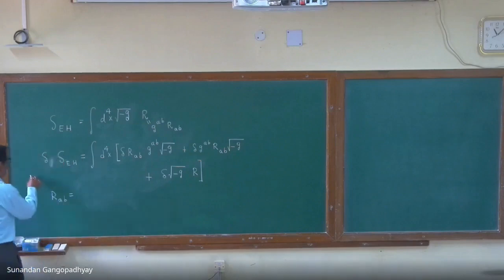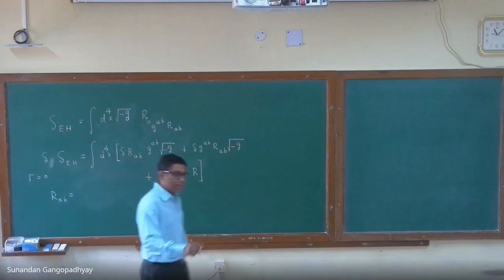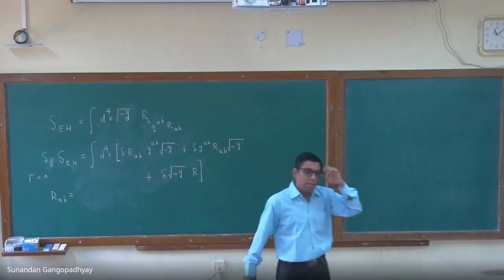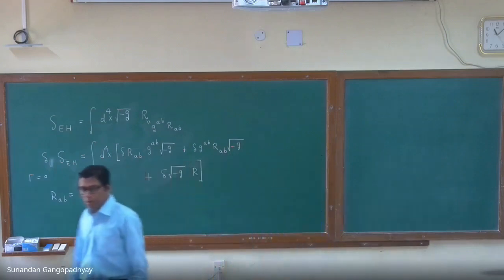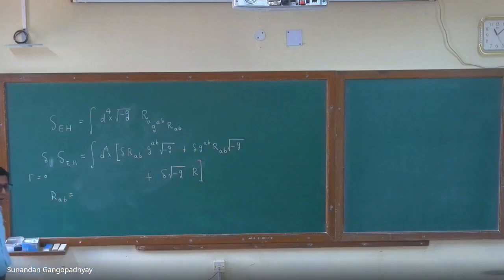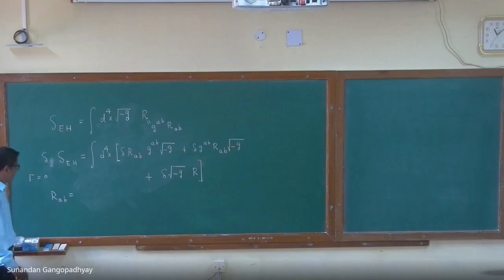What I shall do is work in a geodesic coordinate system. So once again, I shall apply the principle of equivalence. You can do the calculation without going to the geodesic coordinate system, but that calculation is a bit more involved. We can do it if we have time, but you don't need to. You can straight away apply the principle of equivalence, which is the physics input.